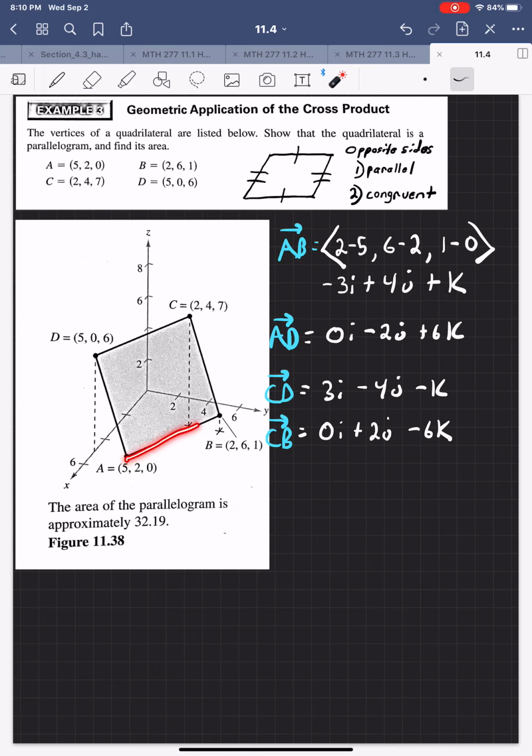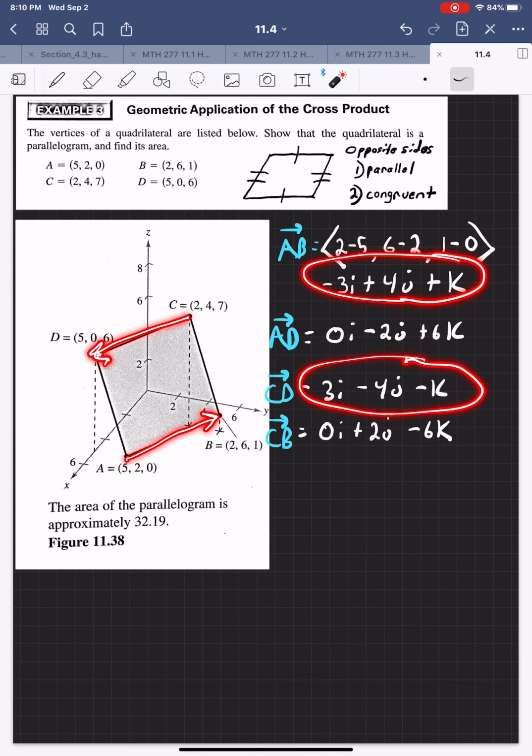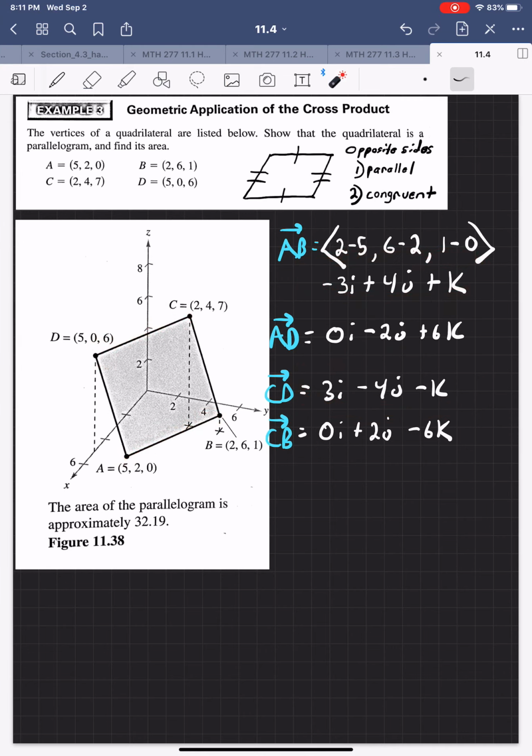If I take the magnitude of A to B and the magnitude of C to D, they would be equal. It would also make sense that if you take the magnitude of these two vectors, they would be equal. Since the magnitudes are equal, that tells me the opposite sides are congruent.